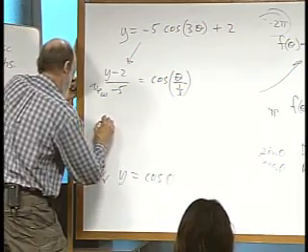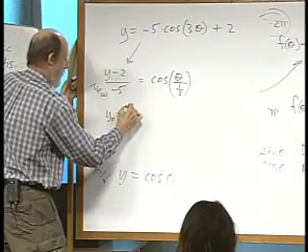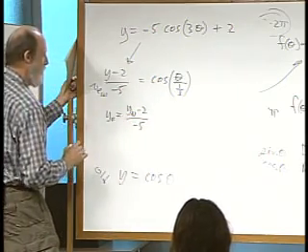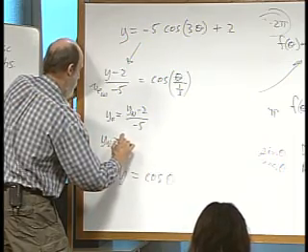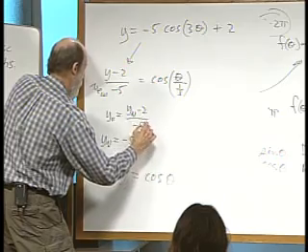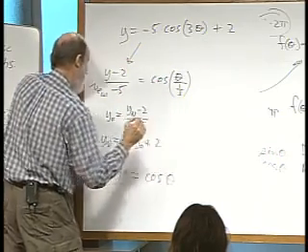This old y is being replaced with this whole thing that involves a new y minus 2 over negative 5. Now solve that for the new y. The new y is going to be negative 5 times the old y values, and then I add the 2 to both sides, so it's plus 2.